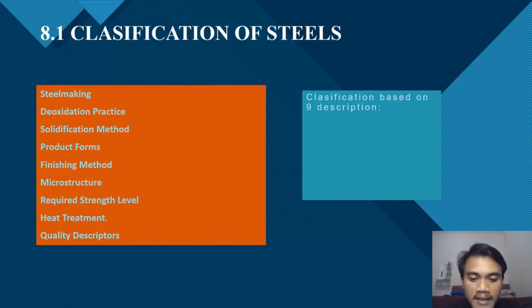The deoxidation practice during steelmaking, such as killed, semi-killed, capped, or rimmed steel. The solidification method, such as ingot casting, continuous casting, or component casting like shape casting. The mill product forms, such as bar, plate, sheet, strip, tubing, or structural shape. The finishing methods, such as hot rolling or cold rolling.